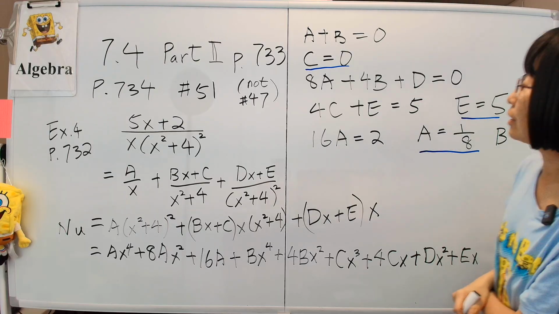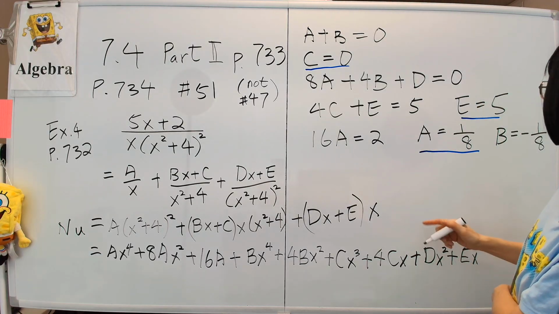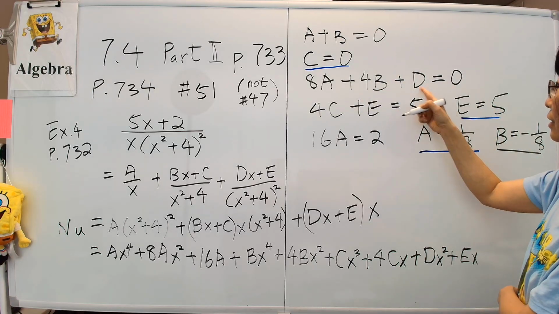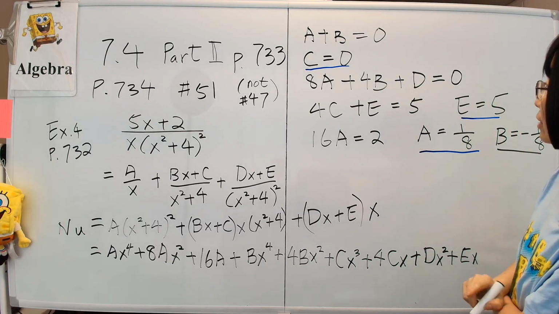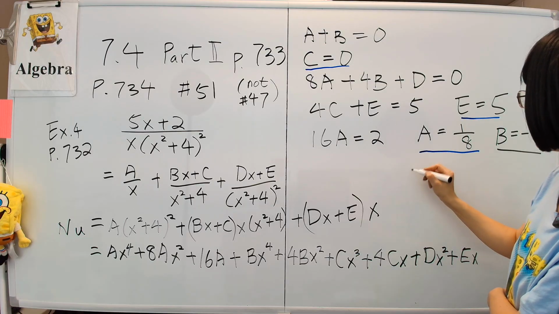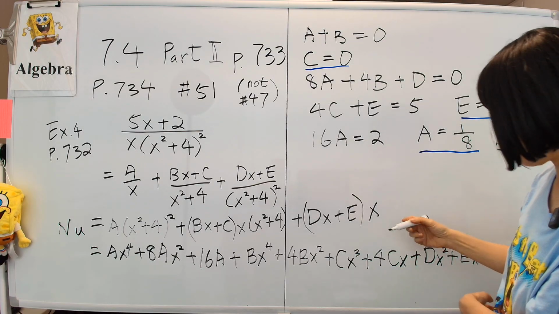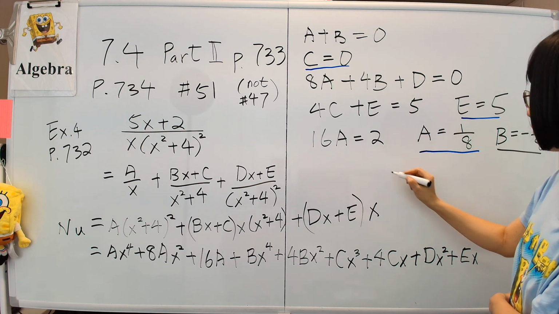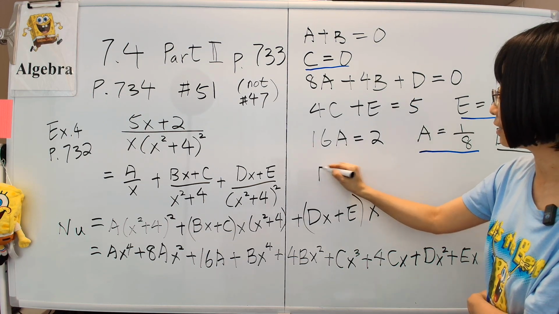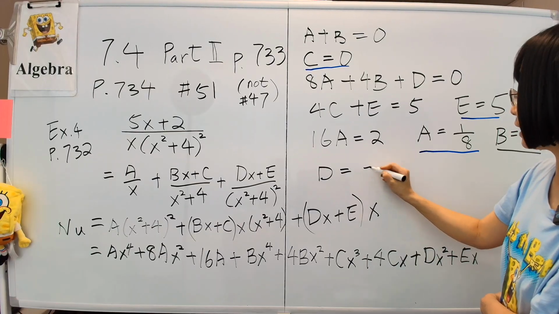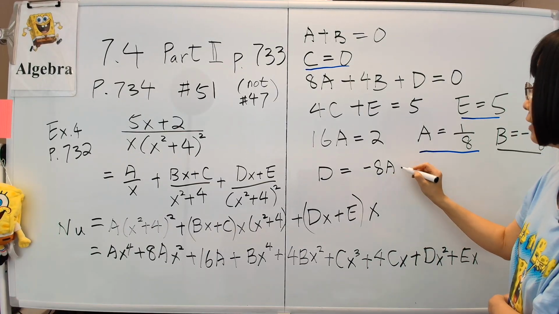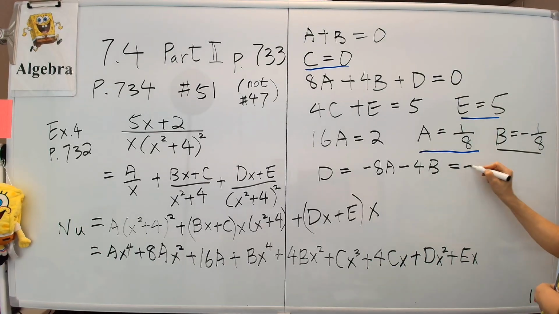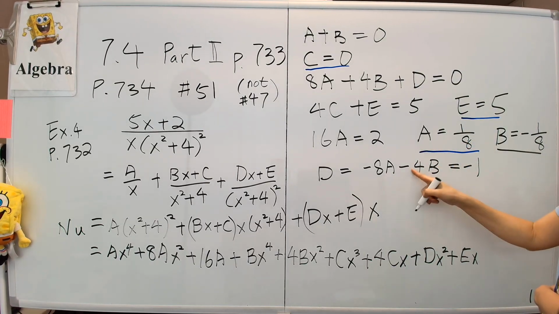All right, and then so we have A, B, C, E. We need D. D is from here, so we have to calculate what D is. Then from this equation we get D equals minus 8A and then minus 4B, which is minus 8A is minus 1, okay, because A is 1/8, minus 4B.